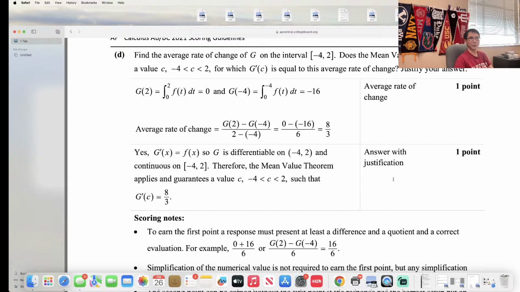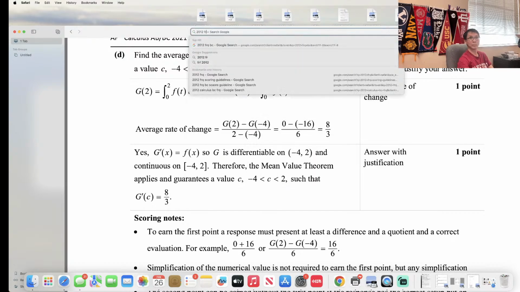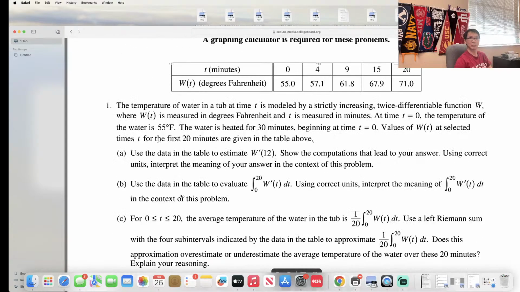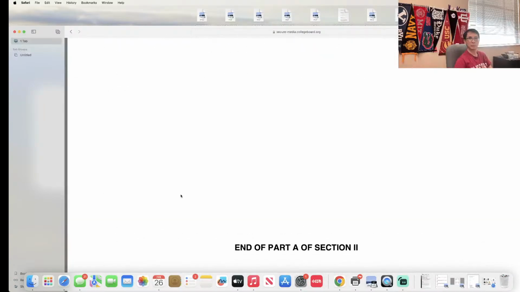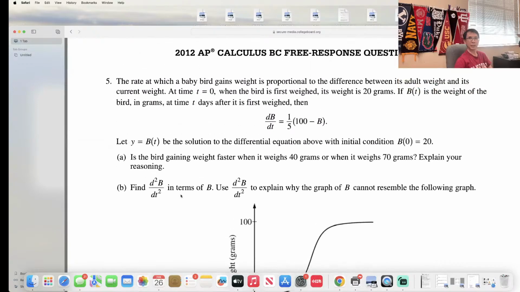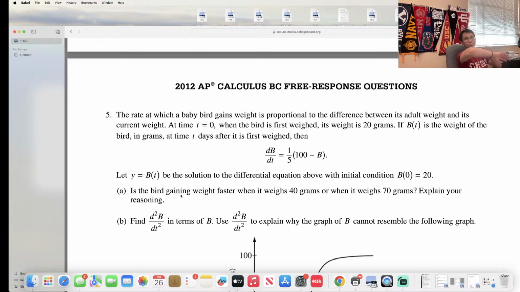Hold on, let me look it up for you. See if it's true. McKenna. It's 2013. 2013? No, it's 2012. The other FRQs? No, she's asking for extra practice.